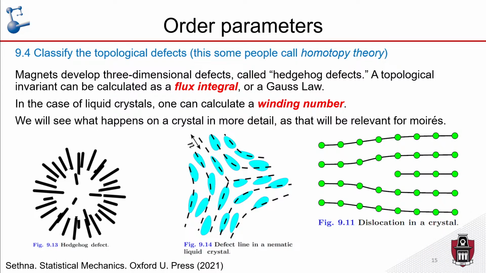It kind of looks like a magnetic monopole. For the liquid crystal, you're going to have dislocation lines, and I will use most of the time discussing what happens on the crystal, because the crystals actually have dislocation lines and so on. So I'm going to focus on this.